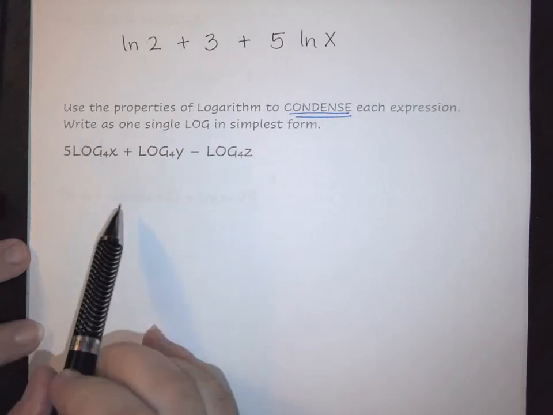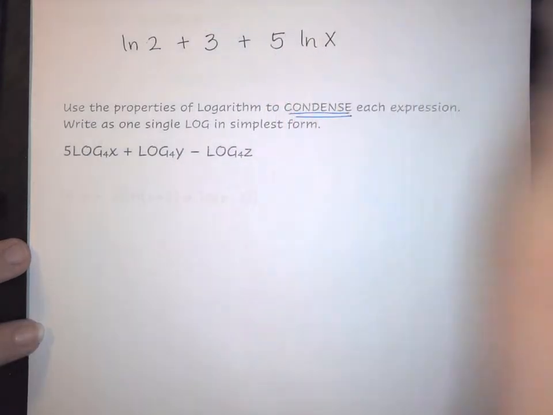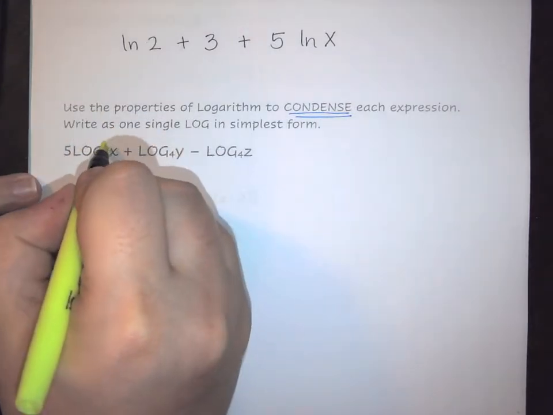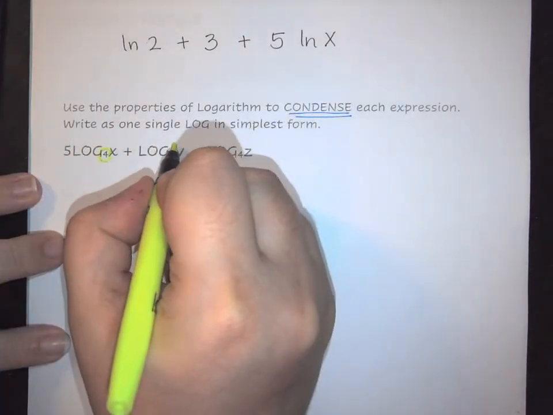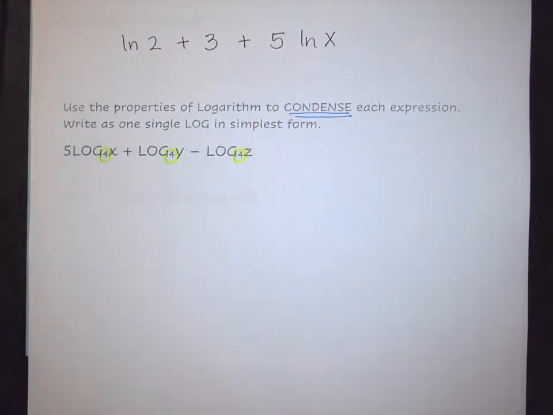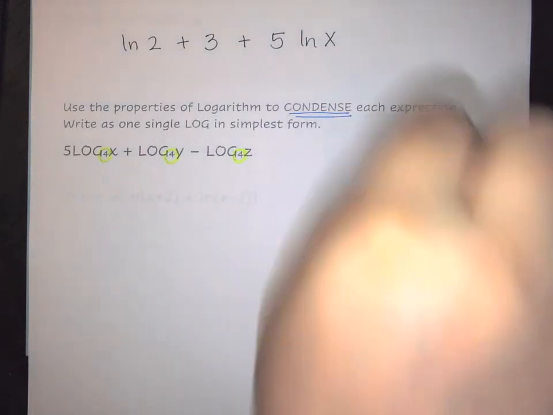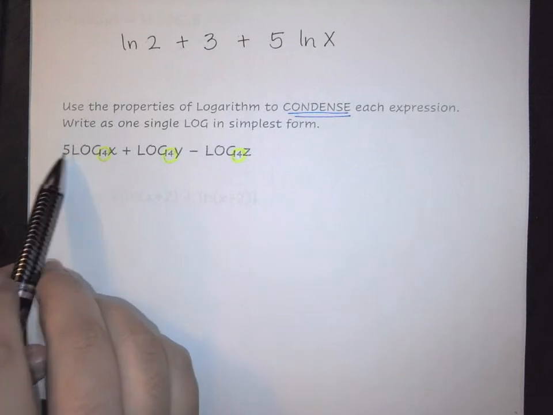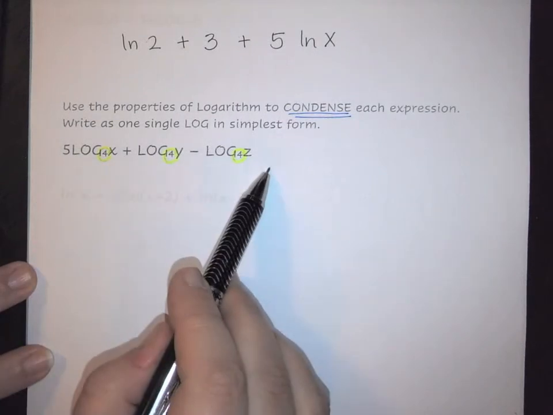Okay, so the first thing I always like to do is I always like to verify that my bases, so this little number down here, is the same on all of my logs. And notice in this one all of them are a 4, so they are all the same. So you want to work piece by piece.